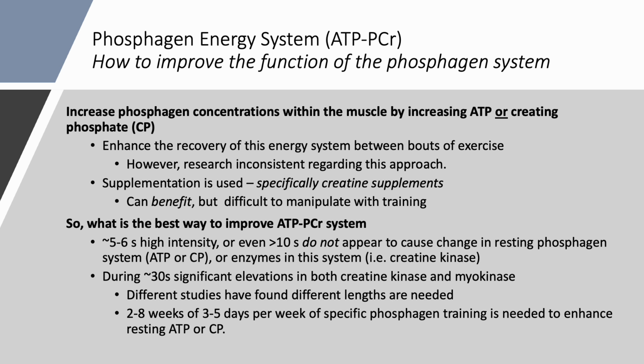But your take-home message, the best way to improve our ATP-PCr system is to include 30-second movements at high intensities for between 2 to 8 weeks to enhance our overall ATP and or CP levels.